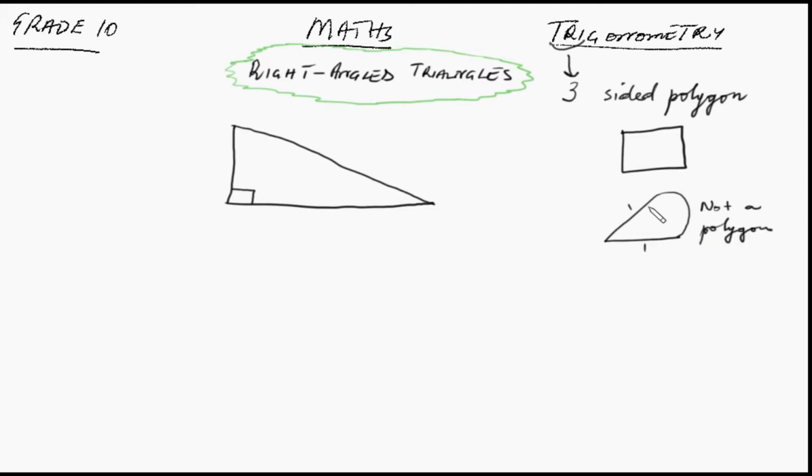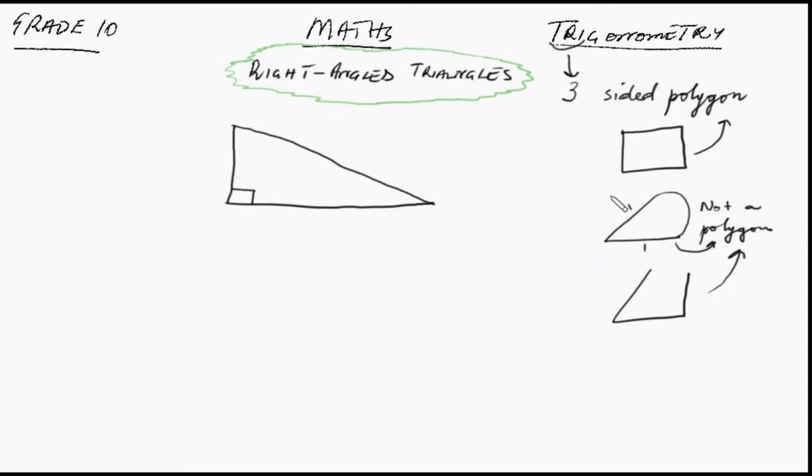Let me show you something. Let's say we have this thing here. Is this a polygon? No. Why? Because in as much as it has straight sides, it is not closed. There is an opening here, so it is not a polygon. This also is not a polygon, but this is a polygon. It's a 4-sided polygon.